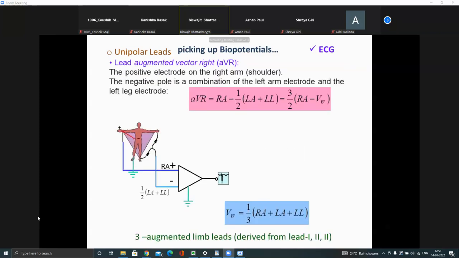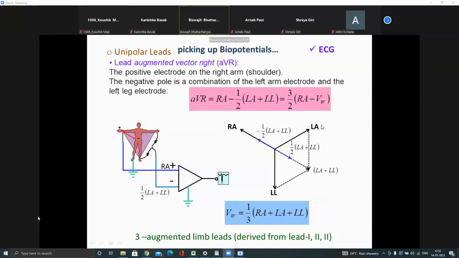Here, say our AVR is what? Our AVR is actually the RA voltage minus half of the sum of these two. So it is this particular AVR. And VW is the Wilson central terminal voltage. Now it is VRA, VLL and VLA. First we take VLA plus VLL.